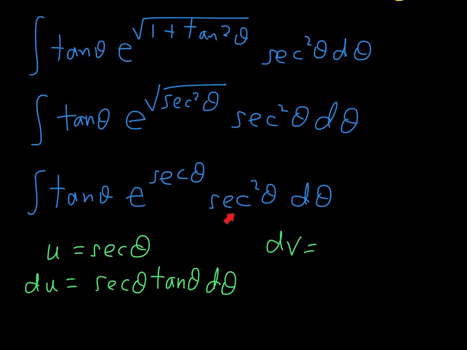I have one of these secant thetas called u, so that leaves me with tan theta, the other secant theta, and then d theta. All right, which means that v is secant theta, because this here is the derivative of secant of theta.